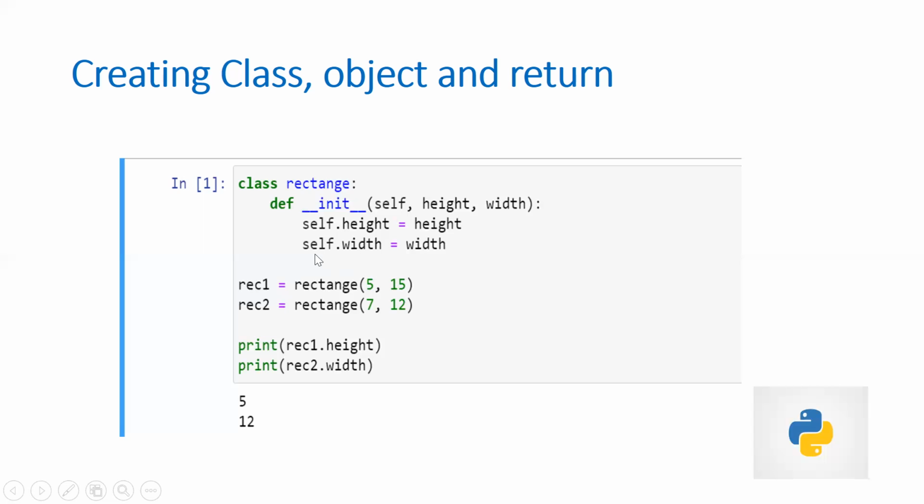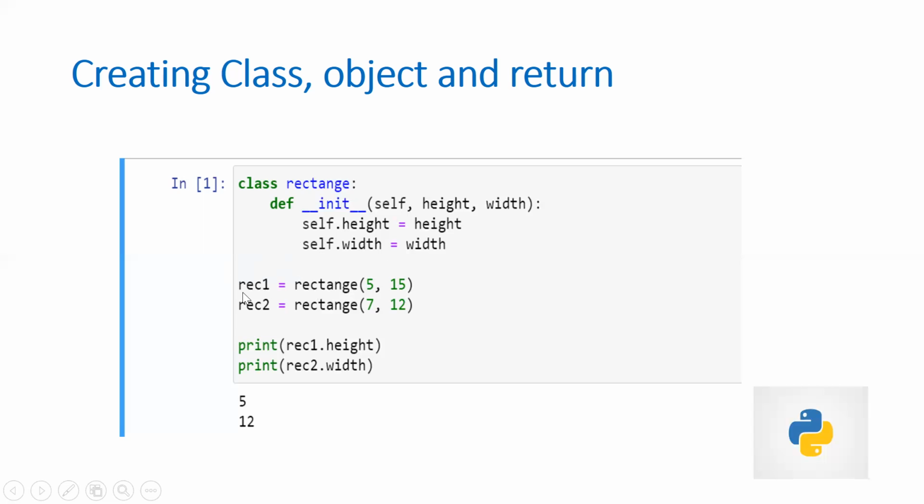I think you all learned this portion in the previous class. Next, outside this class, since it starts from the left alignment, we created objects under this rectangle class.